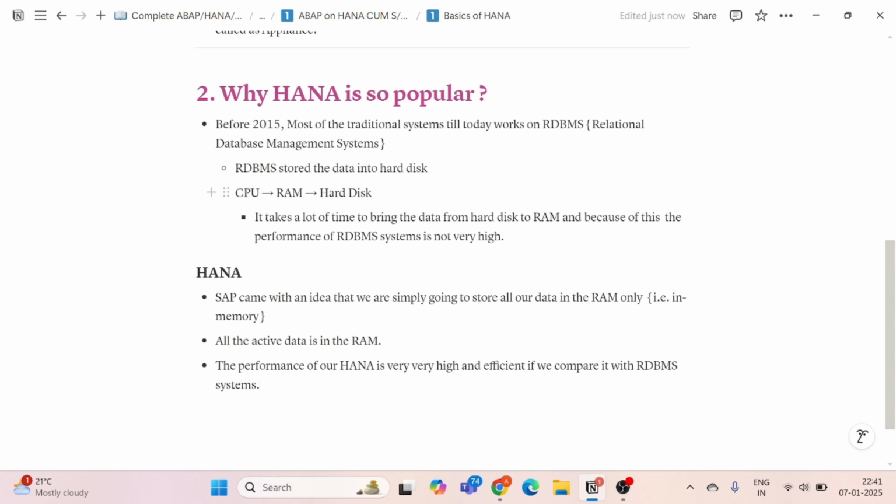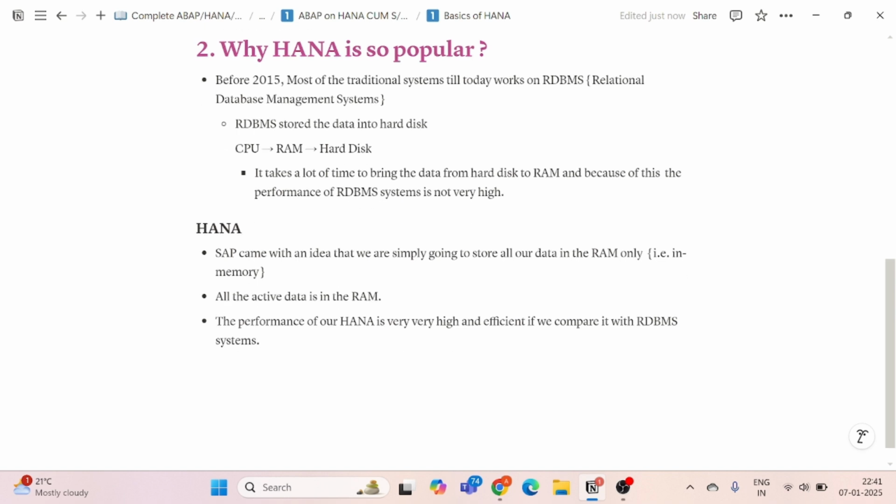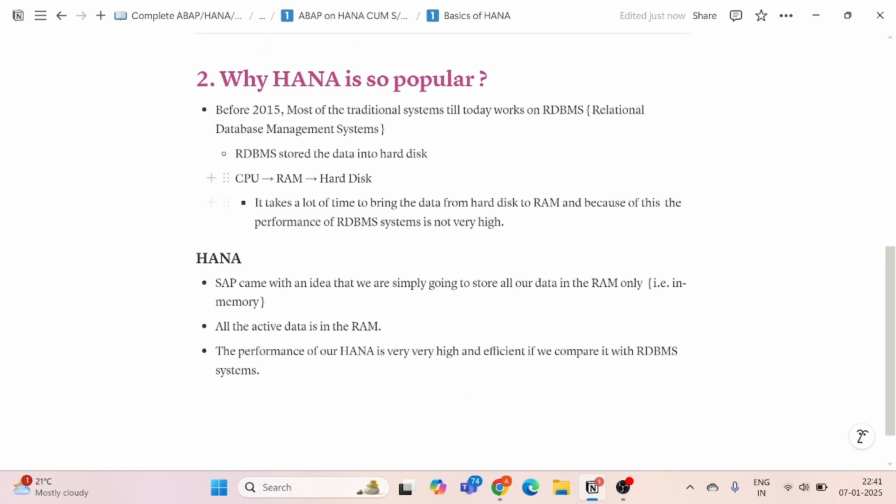But was it so easy? Why can't any other organization achieve it? Was it so easy? No, it was very costly. HANA is a very costly software, and it requires lots and lots of money for the installation and management part.